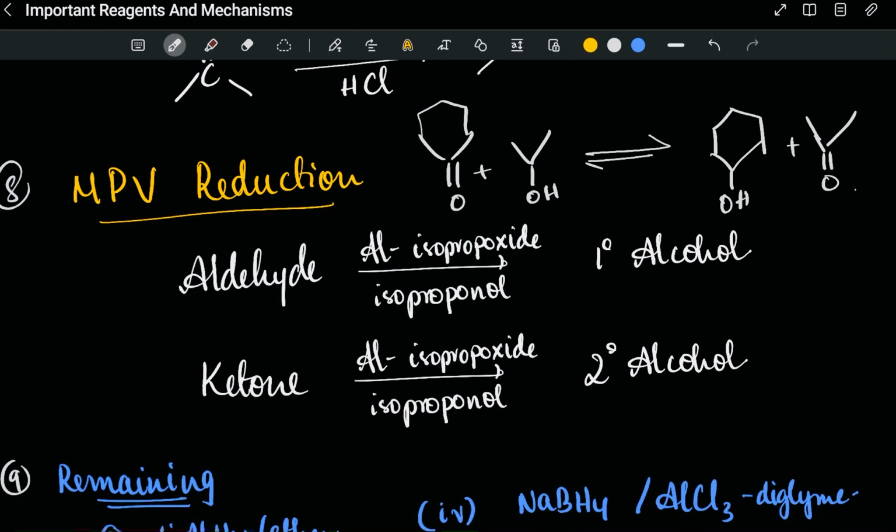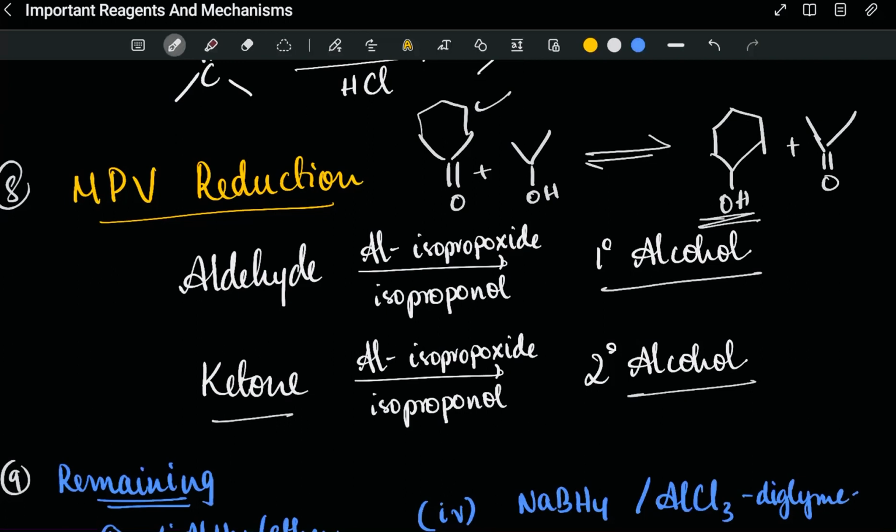So whenever we have an aldehyde or ketone and it reacts with isopropanol in the presence of aluminium isopropoxide, I get alcohol. If it is an aldehyde, I get a primary alcohol. If it is a ketone, I'll get a secondary alcohol. And acetone is also formed as a byproduct.